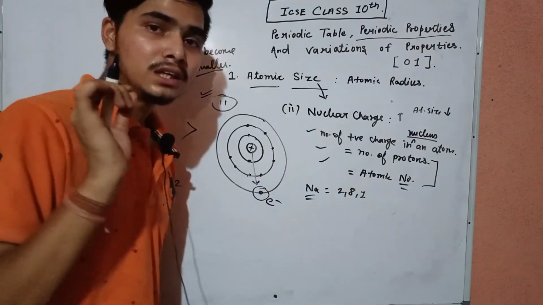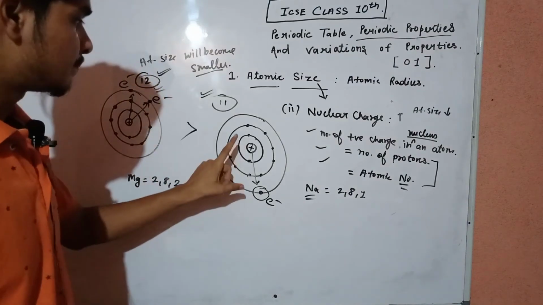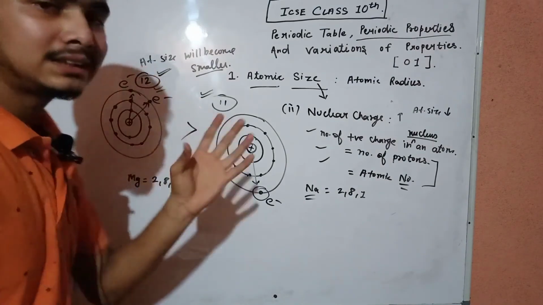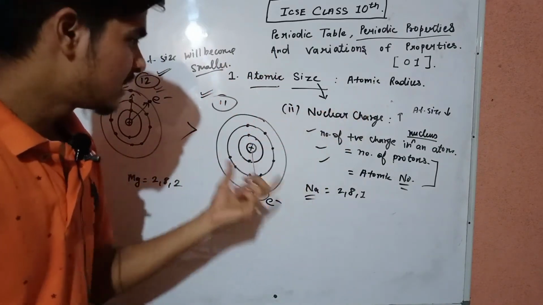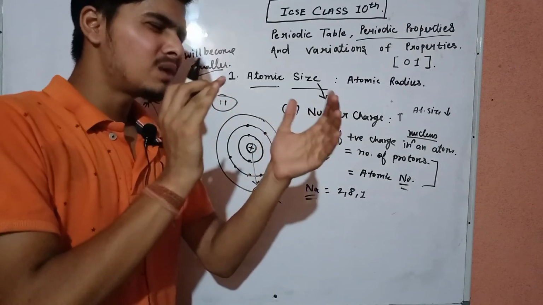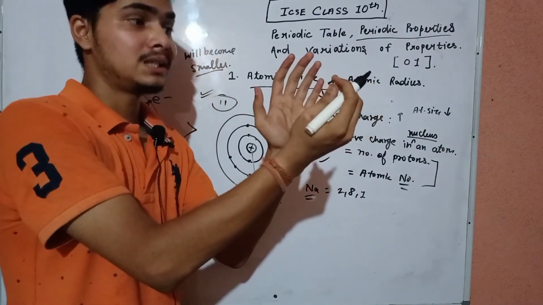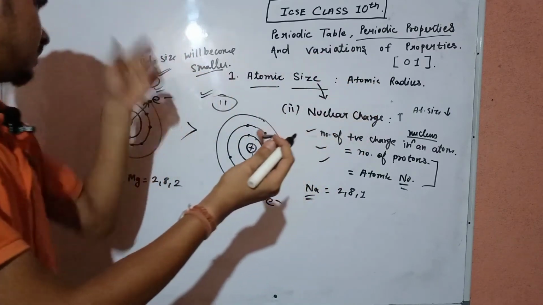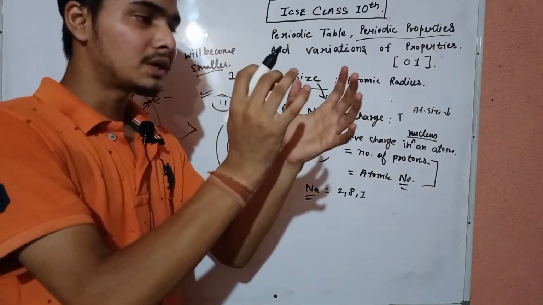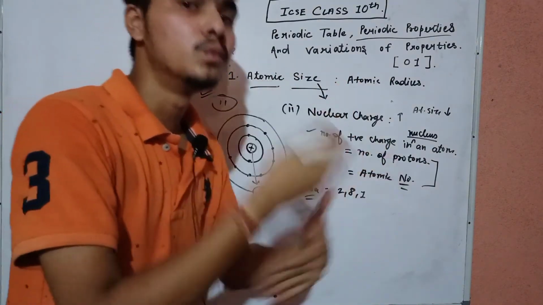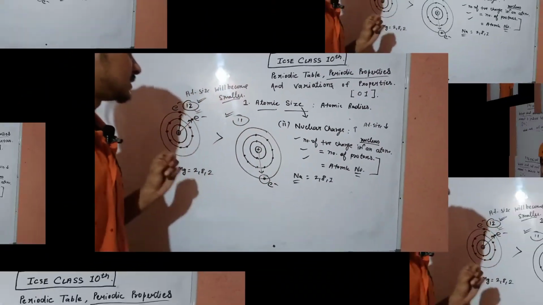Magnesium size is smaller as compared to sodium, because magnesium has greater capability of attracting the electrons towards itself. Sodium will not be able to attract as much. Suppose this is a sodium atom, it has attracted a little, but magnesium has 12 protons, so it will attract more electrons towards itself, so its size will get smaller as compared to sodium. Kindly note all these things.